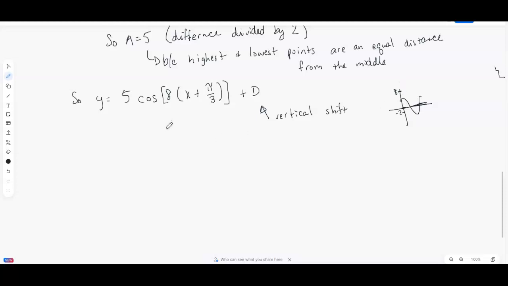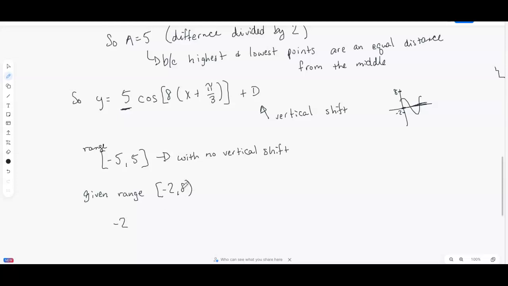With our amplitude of 5, with no vertical shift, our range would have been from negative 5 to 5. So our given range is negative 2 to 8.